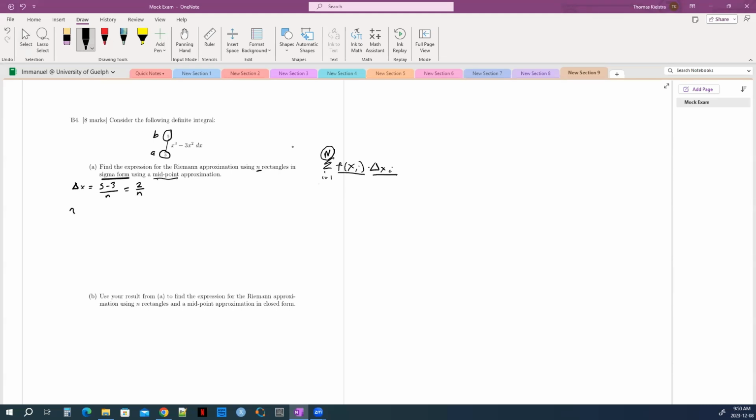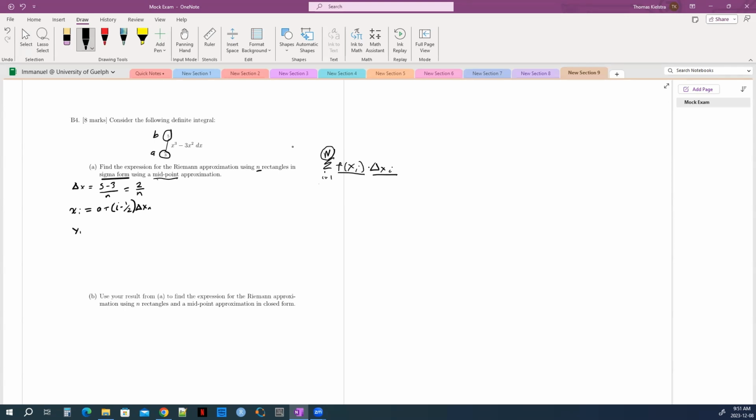Well, this tells us that for xi, we need to have our equation. And because we're using a midpoint, xi is going to be a plus i minus 1/2 times delta x.